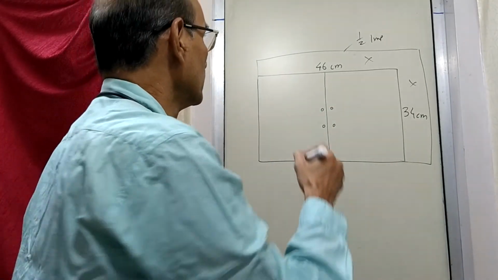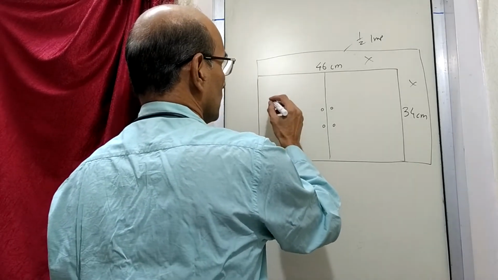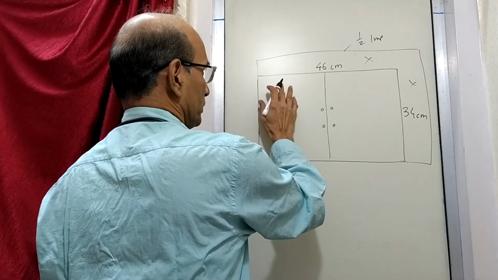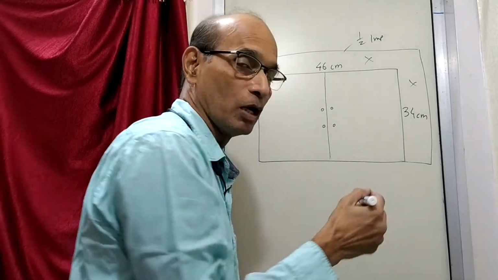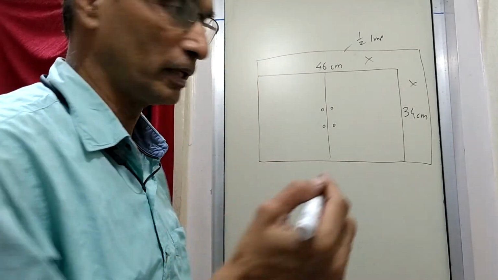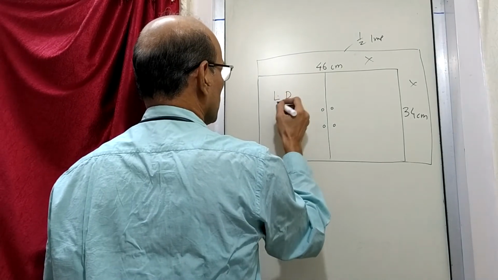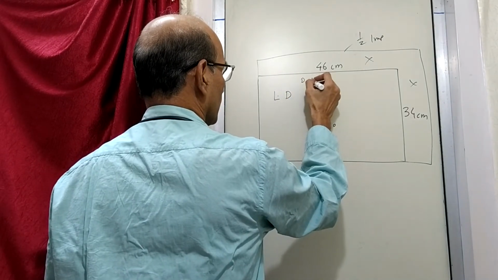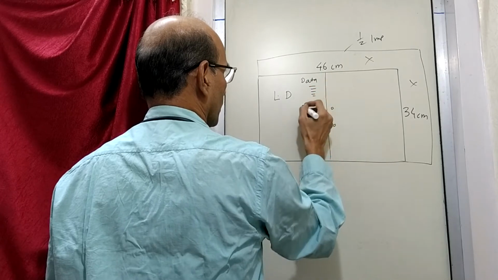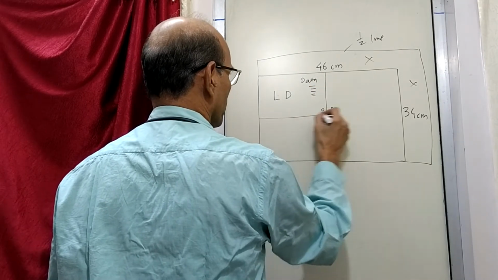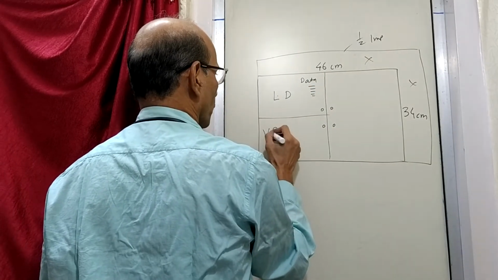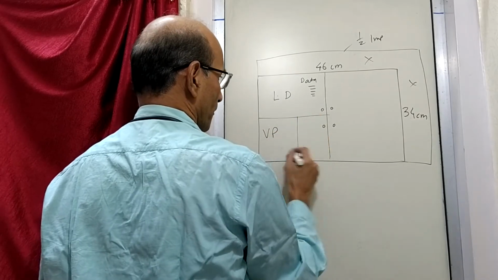Then here you have to draw. I'm first telling you the problem on the velocity polygon method. So here you can draw the linkage diagram. Maybe here could be the data, and then from here you draw the velocity polygon, this part.